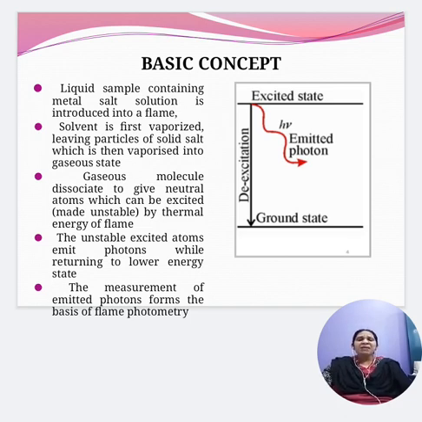The unstable excited atoms cannot stay in that unstable state for a longer time. Based on the law of conservation of energy, these unstable atoms emit photons while returning to the lower energy state. From the excited state, they come back to the ground state.